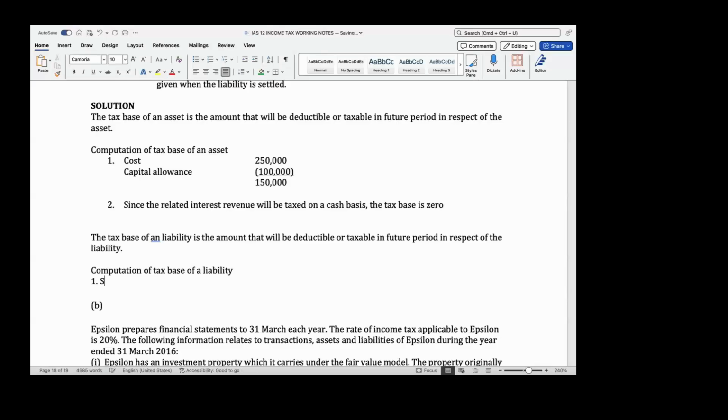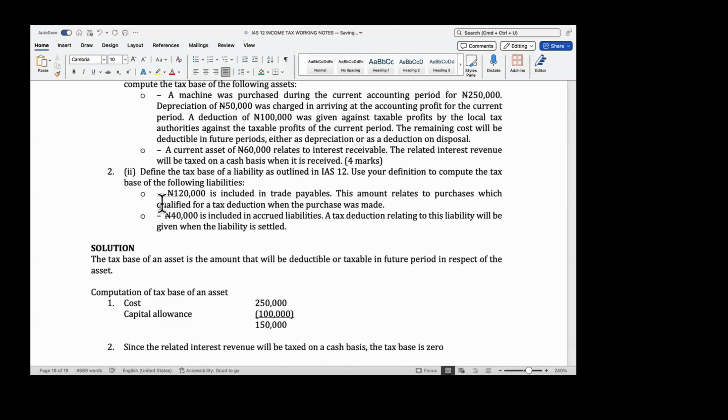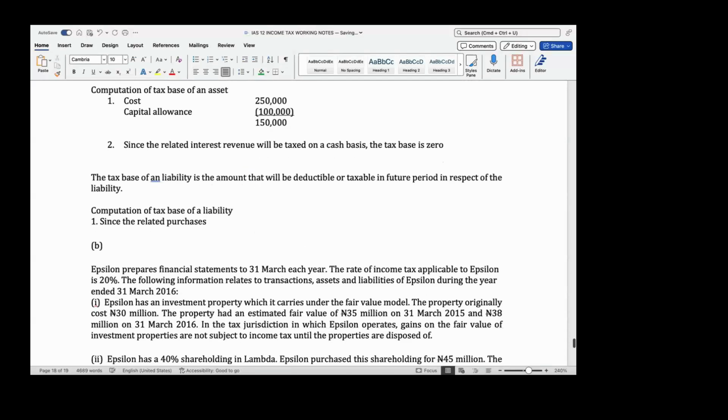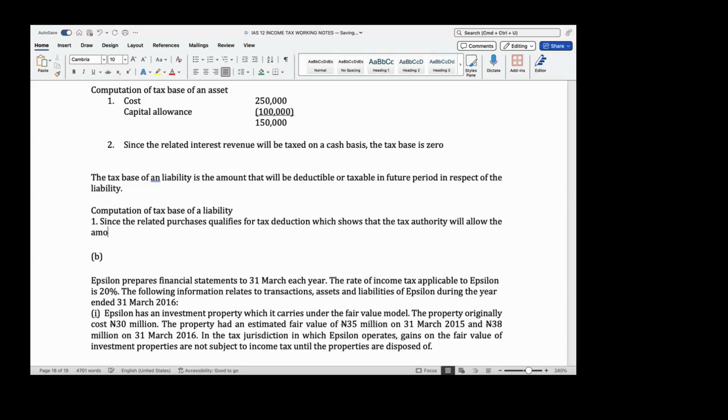Okay, so since the related purchases qualify for tax deduction, meaning the taxman will capture it, which shows that the tax authority will allow the amount for deduction.